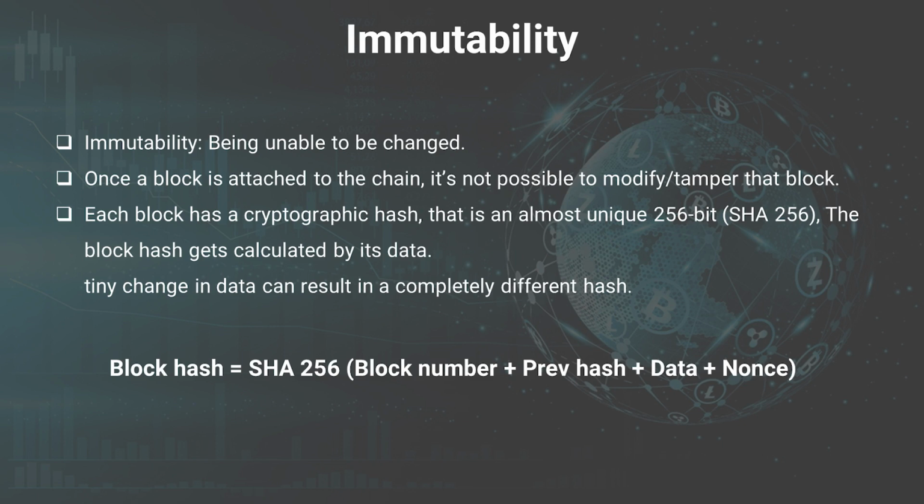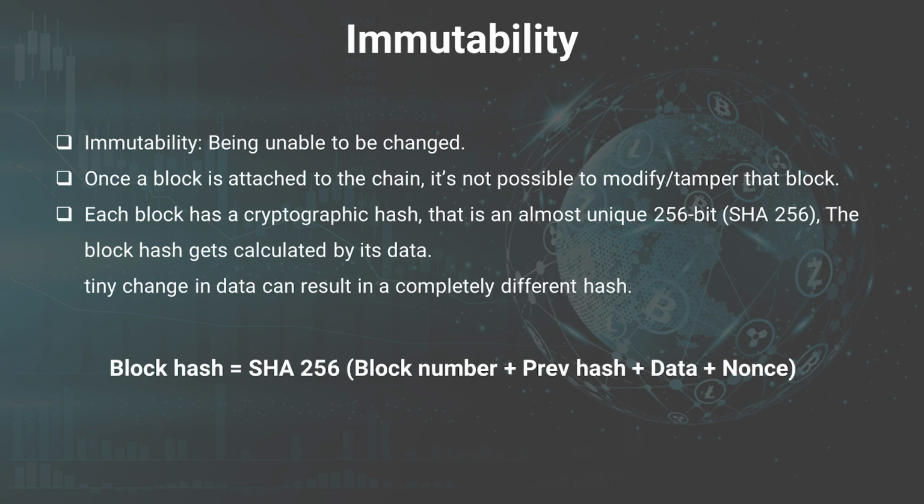If you make a tiny change in that block, in the data or wherever, you get a different block altogether. The block hash gets calculated like this: if you use the SHA-256 algorithm, it takes all of these parameters into consideration and generates a hash.